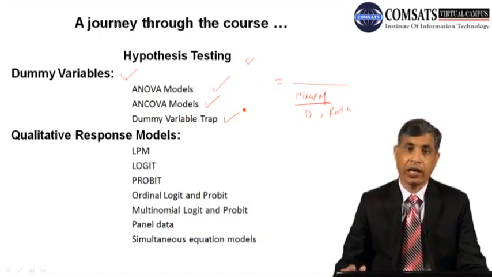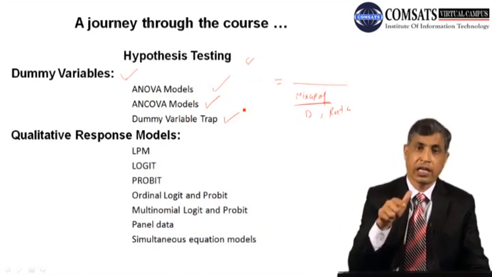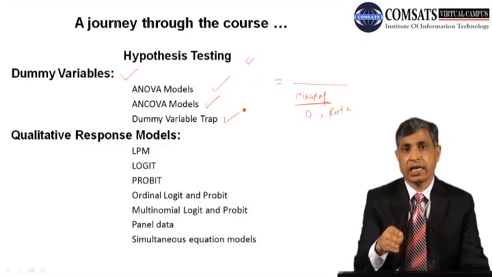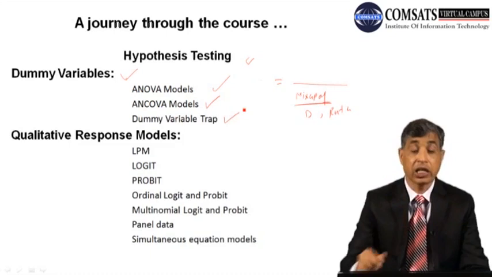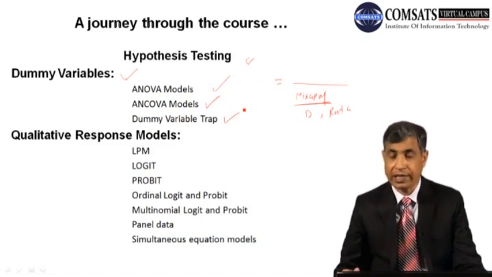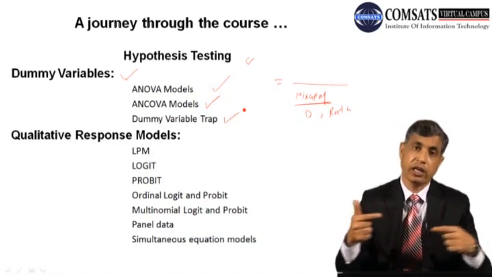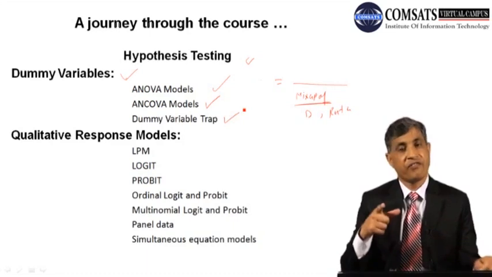And you can include the intercept. But if you insist that you want to use as many dummies as there are categories, then you will have to skip the intercept. When you skip the intercept, the dummy variables are directly comparable.